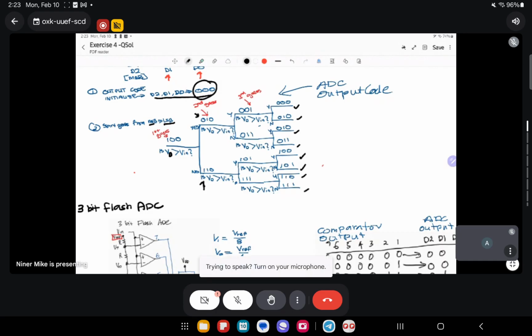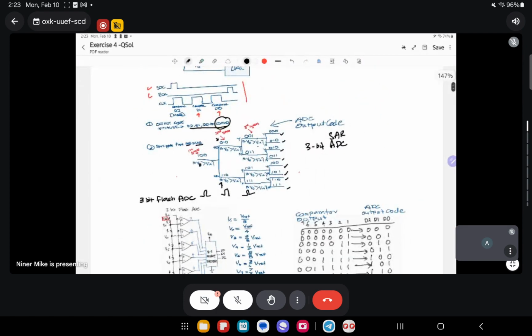You have the output code for the 3-bit SAR ADC. This is the first clock, and then second clock, and then this is the third clock. Then you get the result, either one of these 1, 2, 3, 4, 5, 6, 7, 8. So if you have more bits, a lot of clocks are required to process every bit.